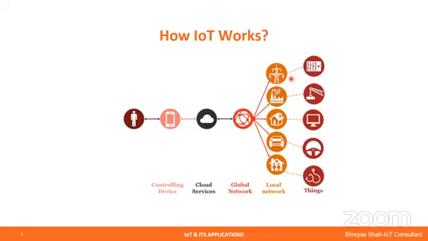These images express the local network. What does it mean? It is connecting to the gateway, and the global network is connecting globally to human beings via cloud services, that is clouds, as well as the application.